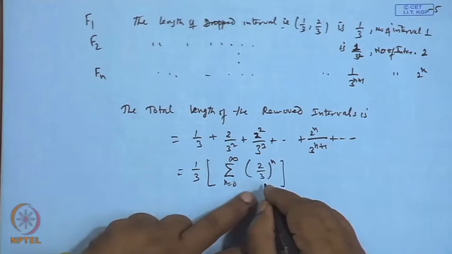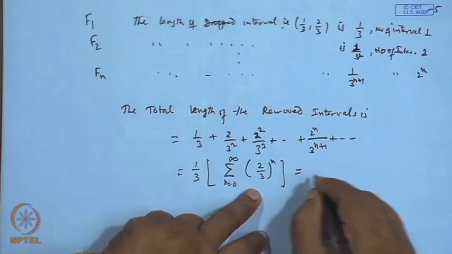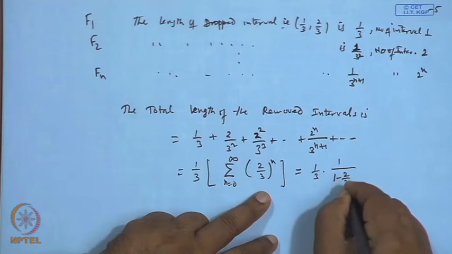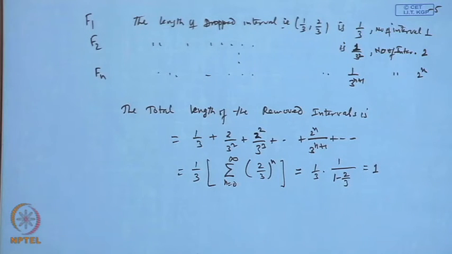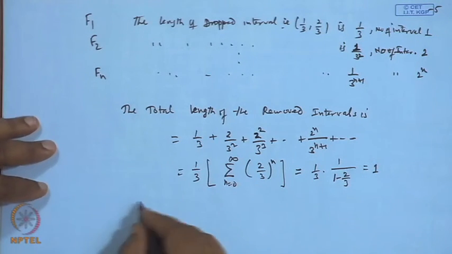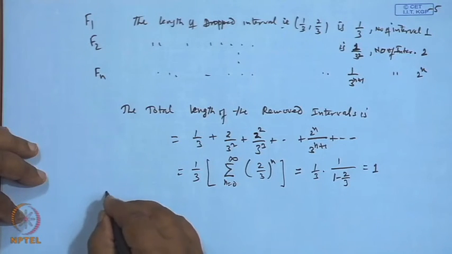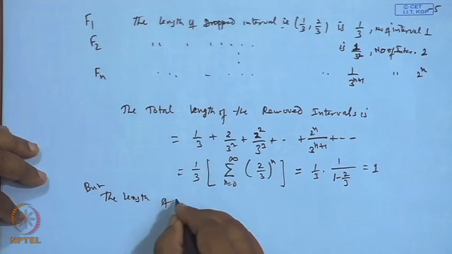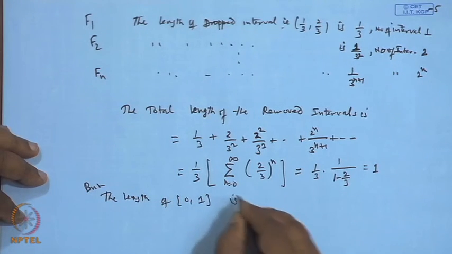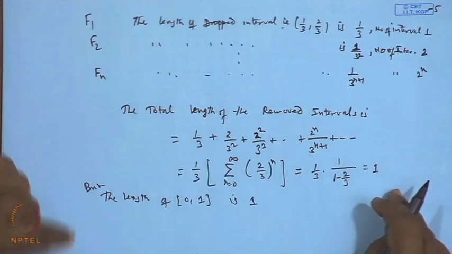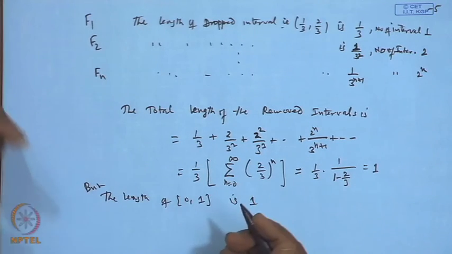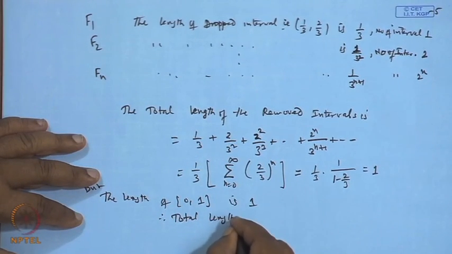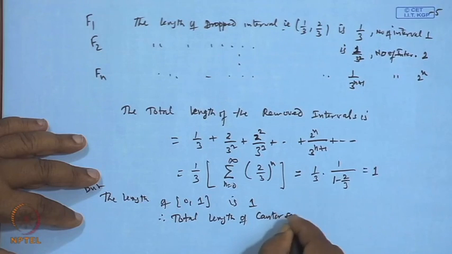This is a geometric series with first term 1, so the sum is 1/3 times 1 over 1 minus r, and the length comes to be 1. So, the closed interval from where we started has length 1, and the dropped intervals also have total length 1, and the remaining one is the Cantor set. Therefore, the total length of the Cantor set is 0.